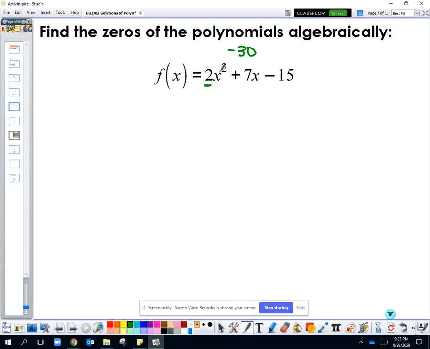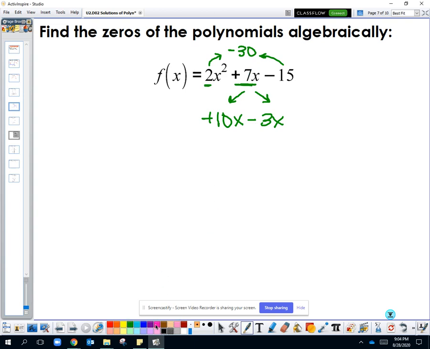Then what I'm trying to figure out are what are the factors of -30 that are going to give me a sum of +7. And in this case, it's going to be +10 and -3. Together, those multiply back together to get you negative 30. But I can also add them and come right back to this positive 7.